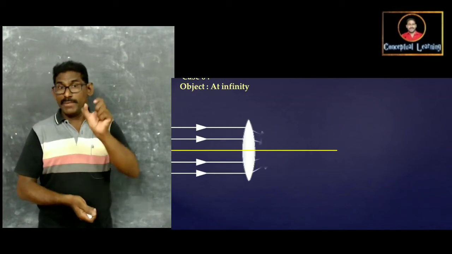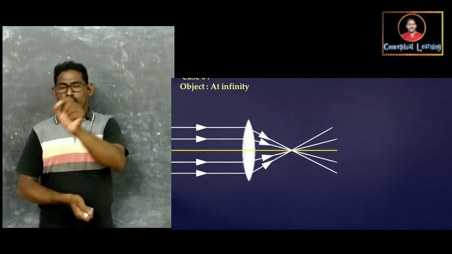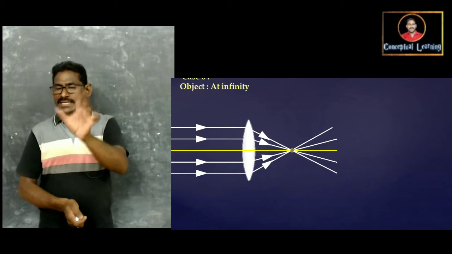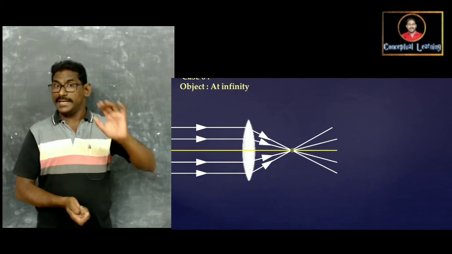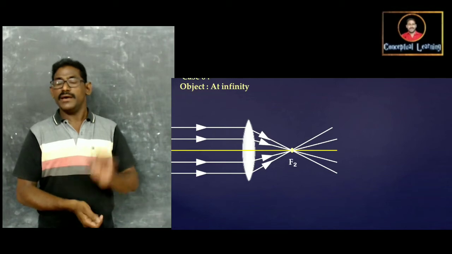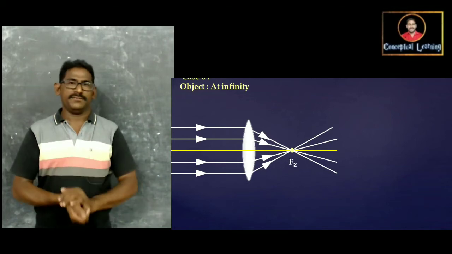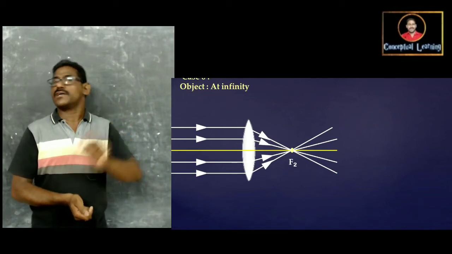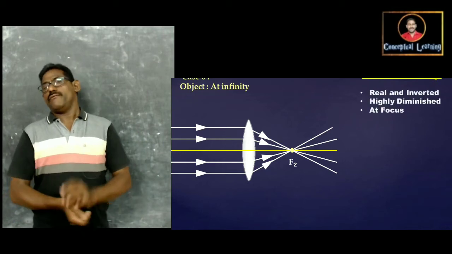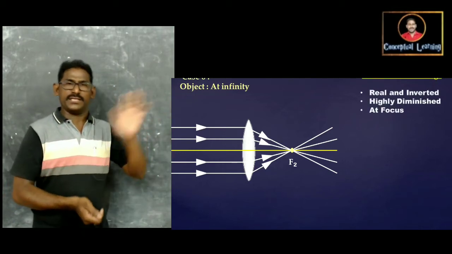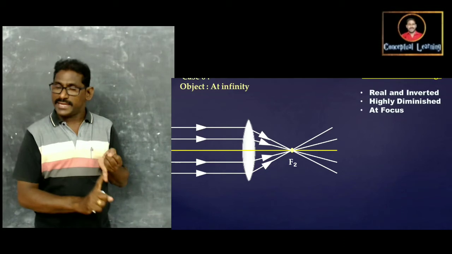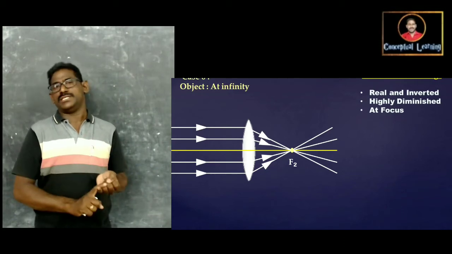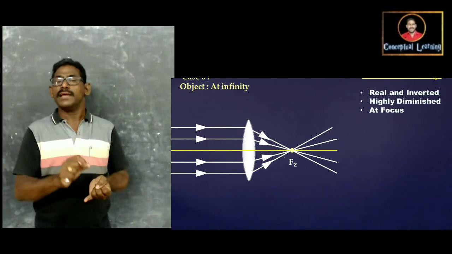So the image is formed at the focus, which is a point sized or highly diminished image, which is real and inverted. So the characteristics of the image formed when the object is placed at infinity: the image is point sized or highly diminished, real and inverted.